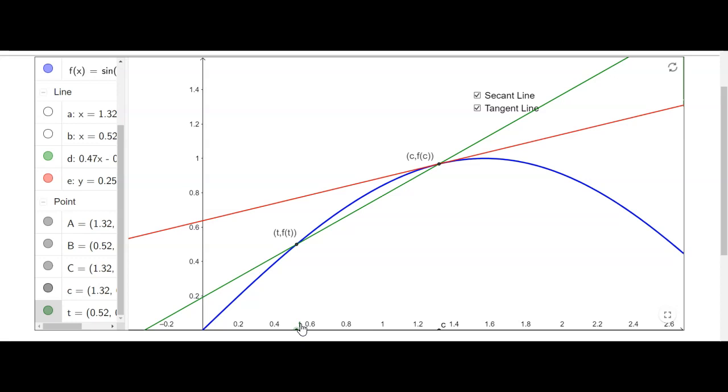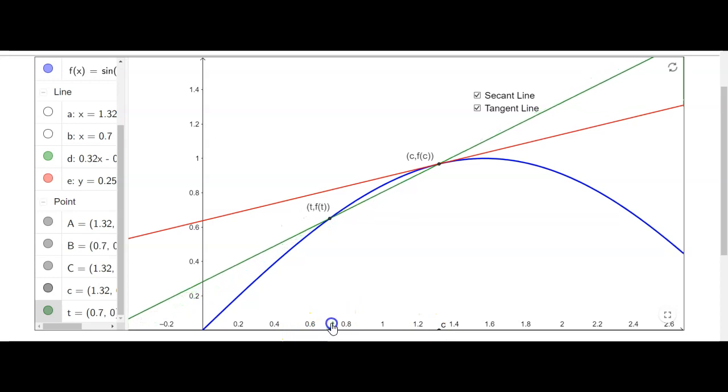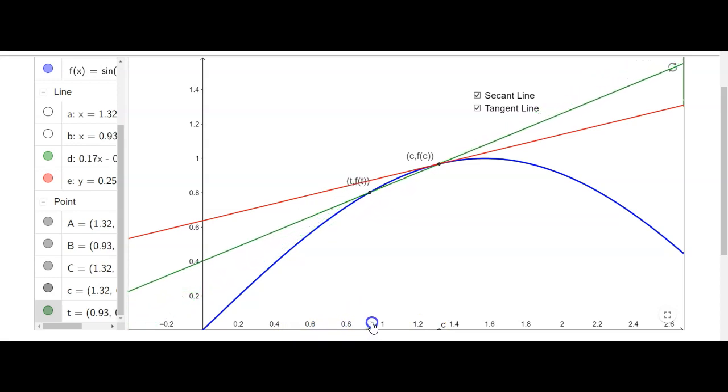But let's think back to Unit 1 and this idea of what a function is approaching. So the secant line, right, it's approaching the slope of the tangent line, right?